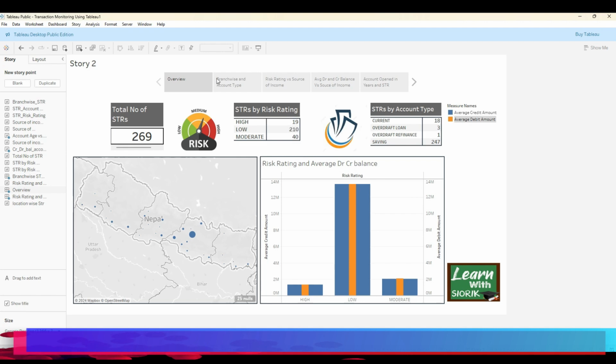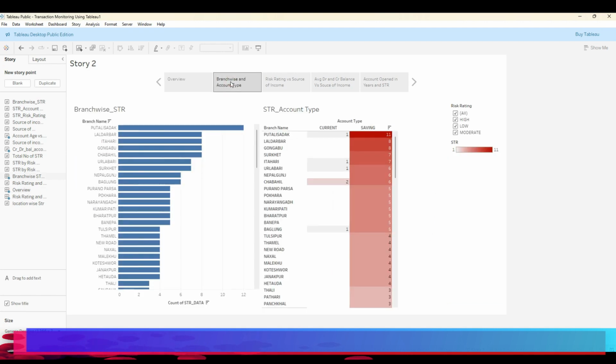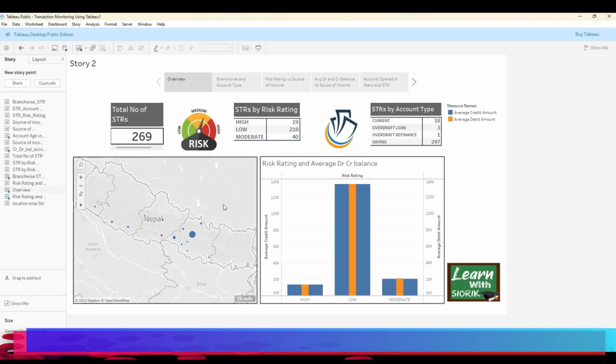Now let's move on to another dashboard. So here we are drilling down the information from our previous chart, and by using story mode in Tableau, this can be achieved very easily. In our previous chart we discussed that in major cities like Kathmandu, this organization has filed a lot of STRs.